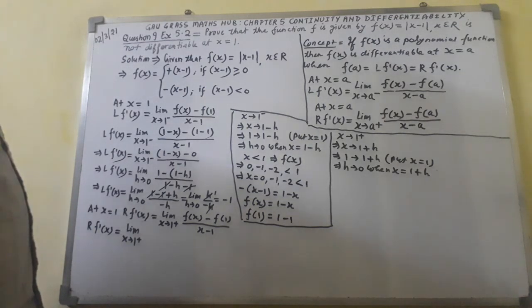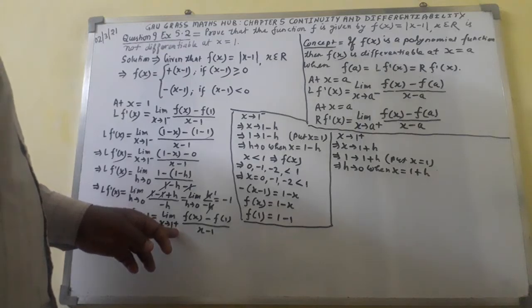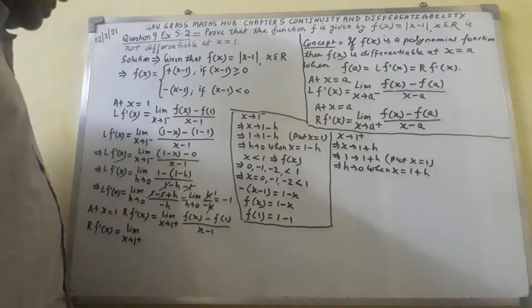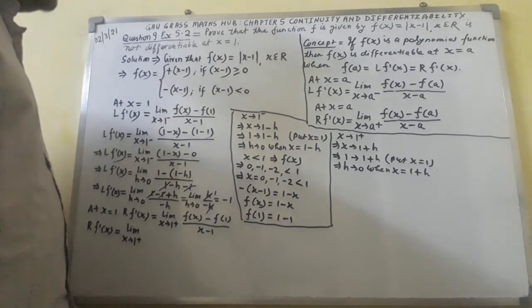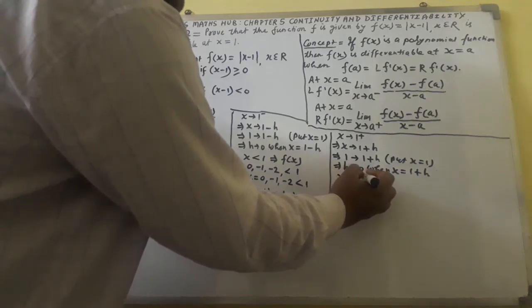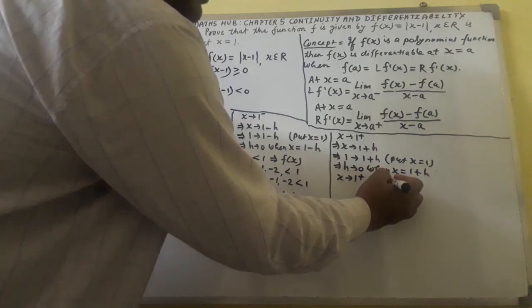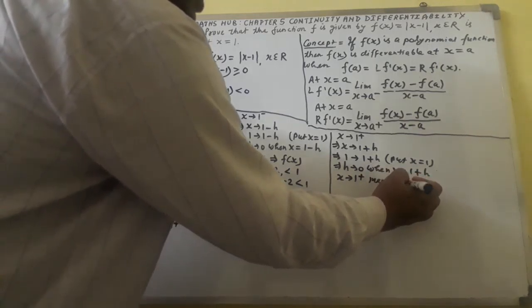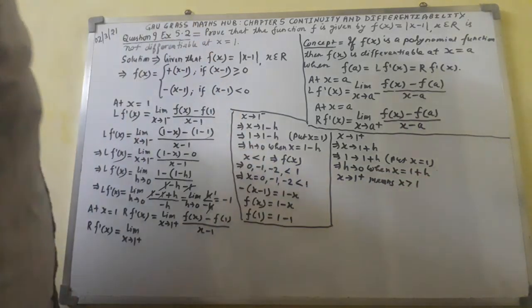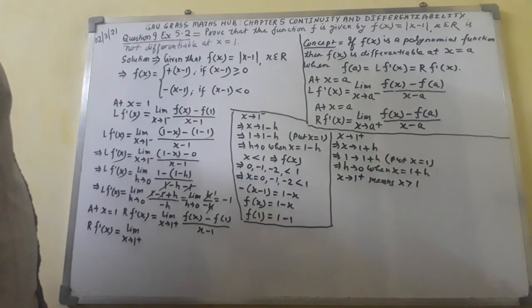Again, here it says x tends to 1 plus. This means that the value of x must be greater than 1. So x tends to 1 plus means that the value of x must be greater than 1.